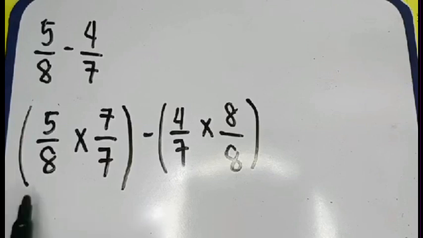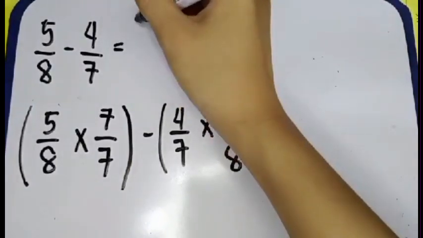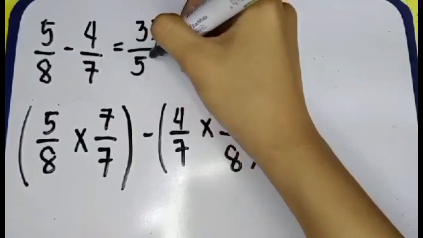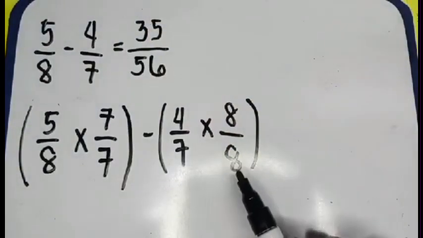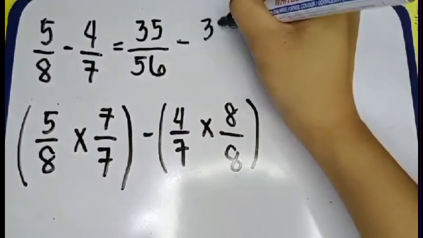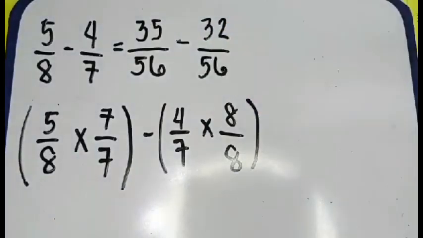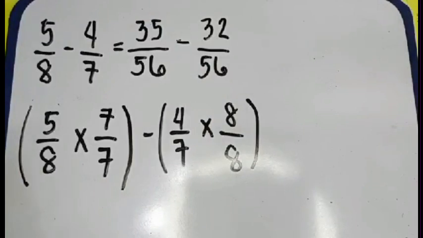Therefore, 5 over 8 times 7 over 7 is equal to 35 over 56. And 4 over 7 times 8 over 8 is equal to 32 over 56. The two fractions now have the same denominators.